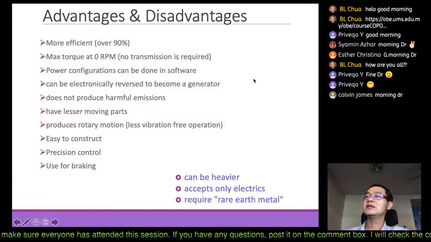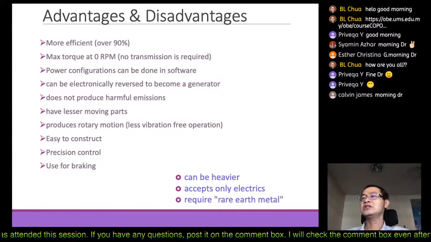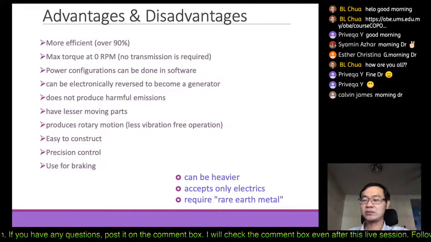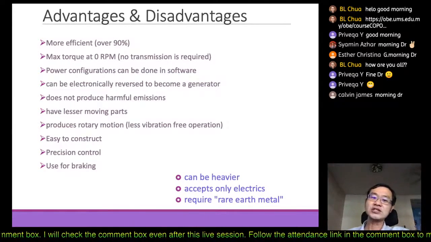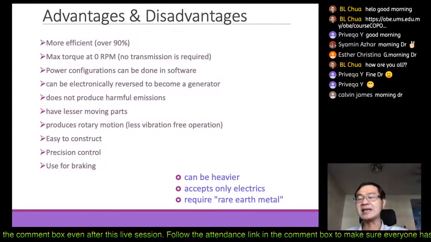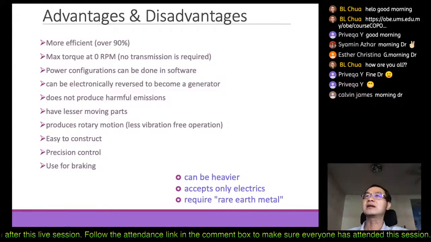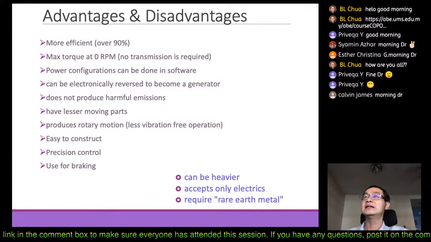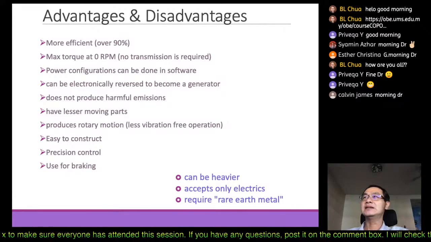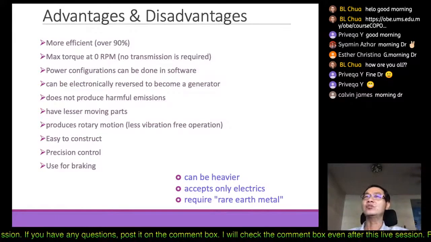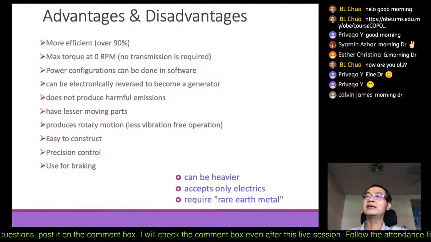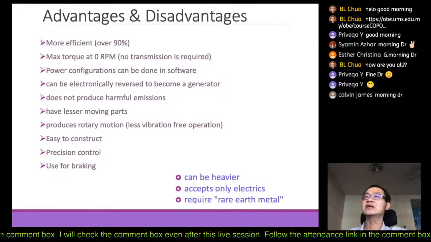So there are advantages and disadvantages. Most electric motors are very efficient, with efficiencies of more than 90% most of the time, particularly when we select the motor properly to match the load so that it is operating at the most efficient conditions.